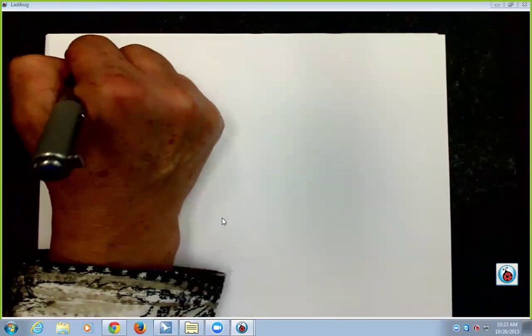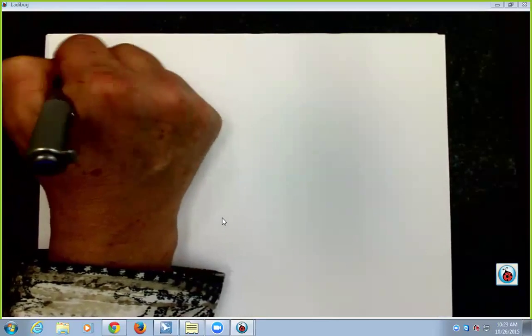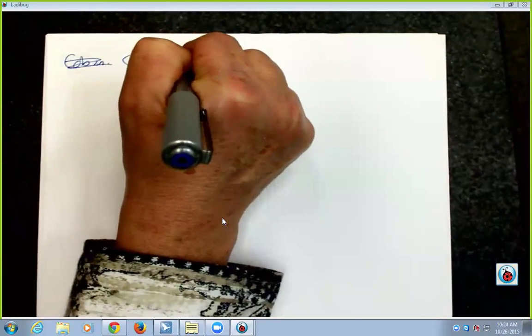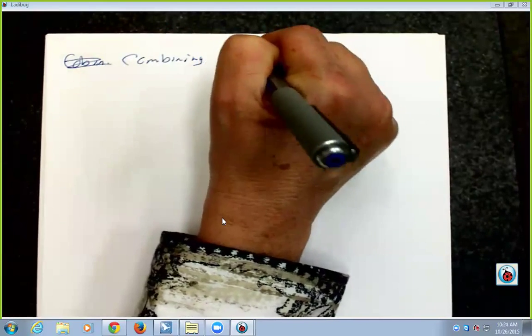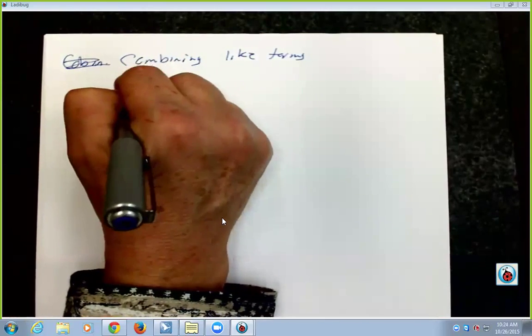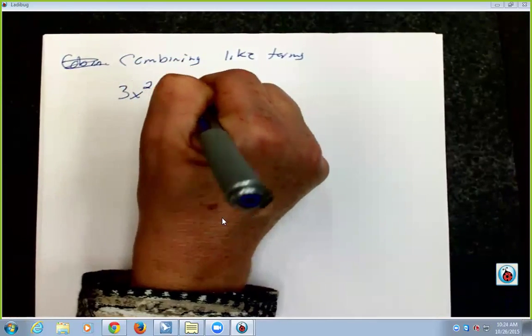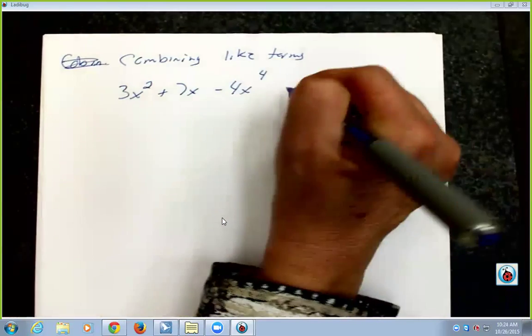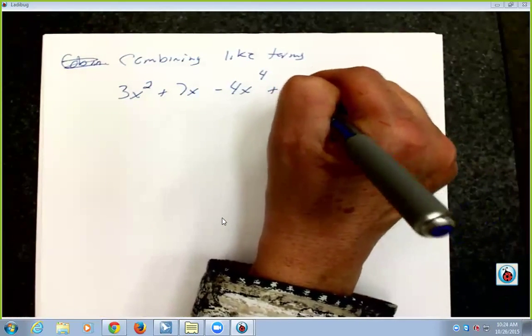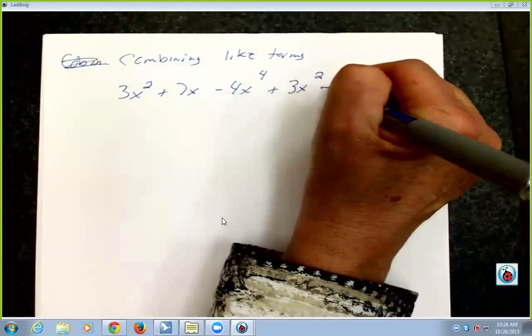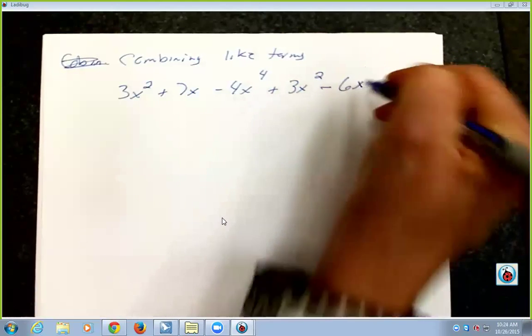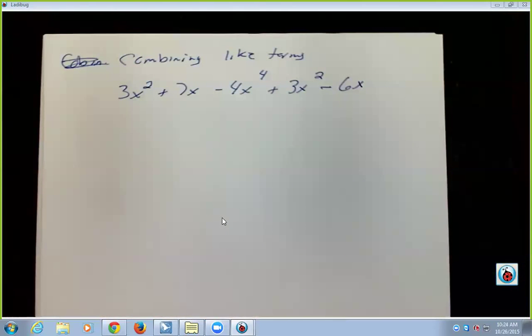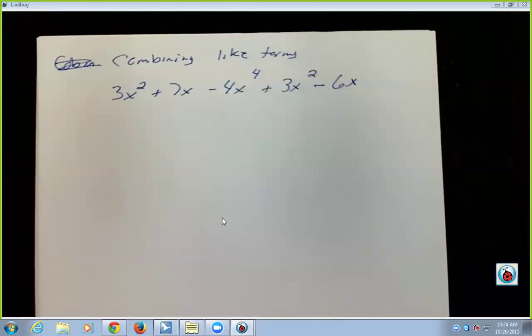Then they tell you about combining like terms. So now if we combine like terms, we're back to chapter 2. And so if I had 3x squared plus 7x minus 4x to the 4th plus 3x squared minus 6x, and you looked at the whole thing and we want to combine it, what would my combining come out to be?